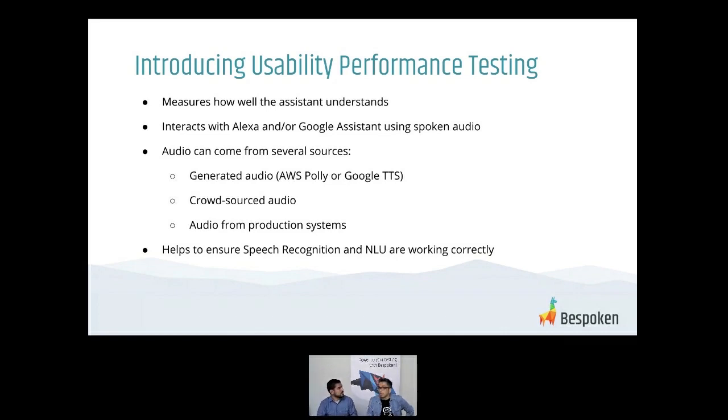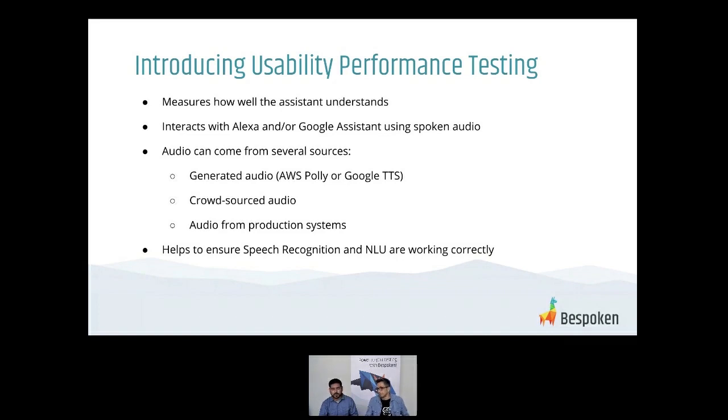Or we can send recorded audio from crowdsources or from production systems. And as I was saying, it helps to ensure the speech recognition and NLU in your skill is working at their best by detecting these problematic terms, so you can then apply the fixes, like adding synonyms. And then after applying this, rerun to see the changes, and if it improves, if you are satisfied, then you can publish your skill.